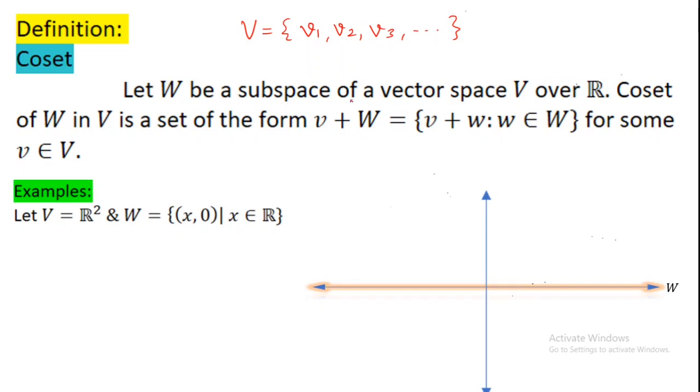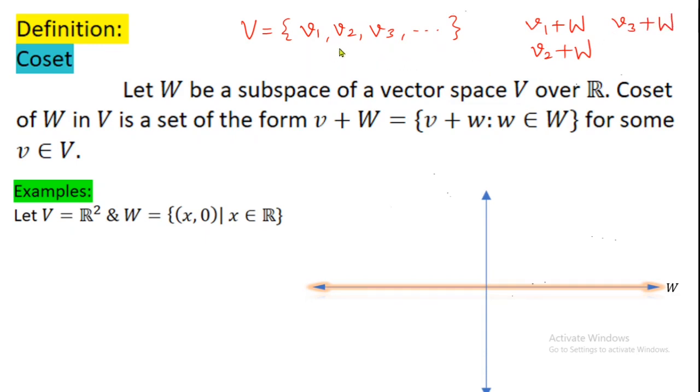Corresponding to each element of the vector space, we can find a coset of the subspace. For the element v1, our coset is going to be v1 plus W. For the element v2, our coset will be v2 plus W. For the element v3, you can guess it now, it will be v3 plus W and so on.